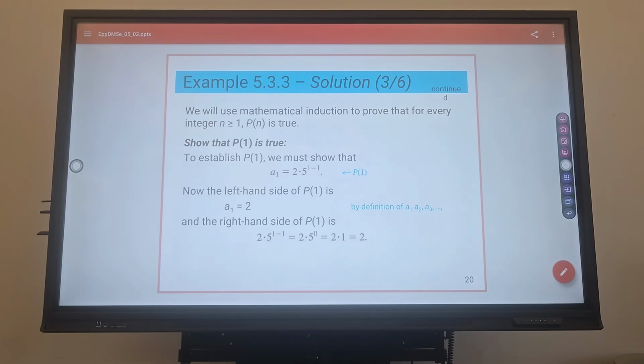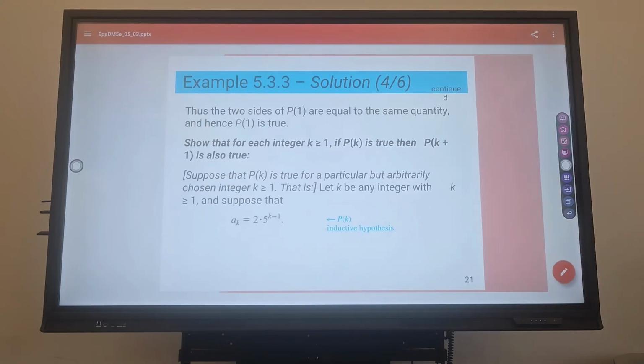The left side is 2 because of the definition of the sequence, and the right side is true by 2 times 5 to the 0 equals 2 times 1, or 2. Thus, the two sides of P of 1 are equal to the same quantity, so P of 1 is true.